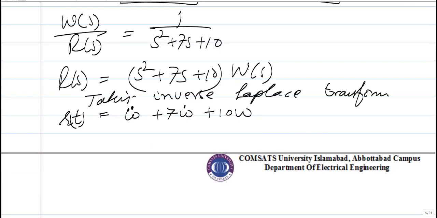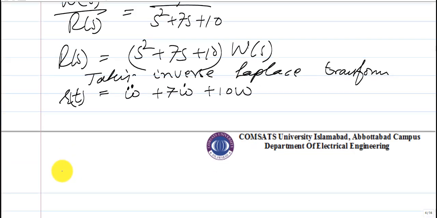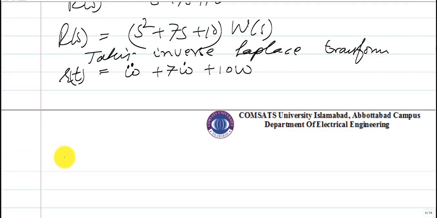Now choosing the state variables, let x1 be W and x2 equal x1 dot, which is equal to W dot.